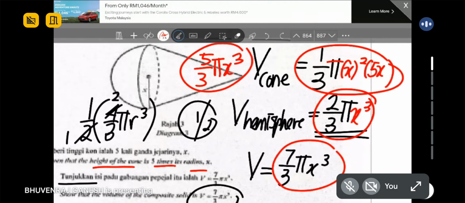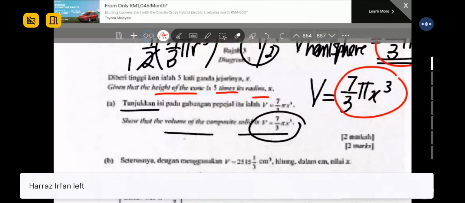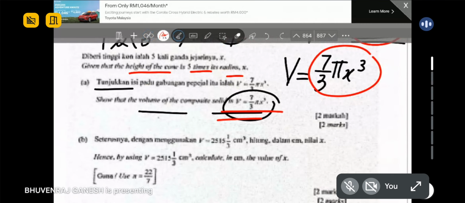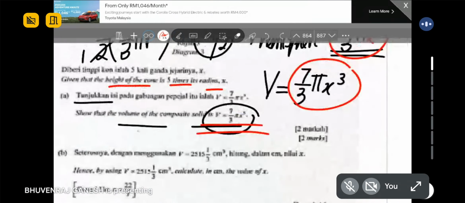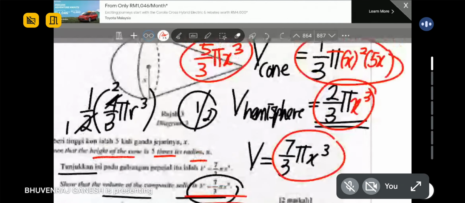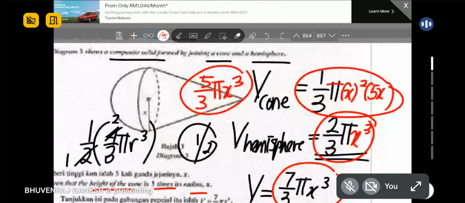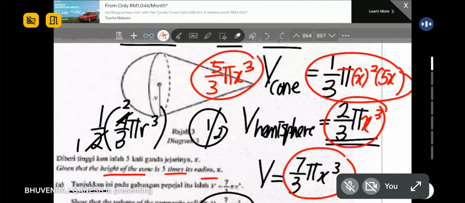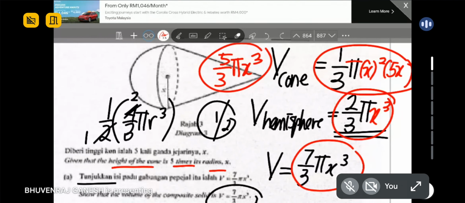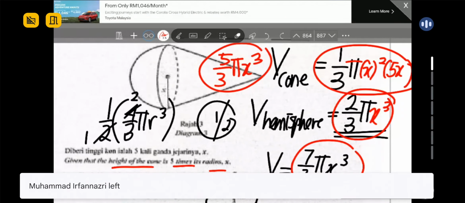Jawapan dia 7 over 3 pi x cube. Am I right? So kamu dah buktikan. You guys already shown the formula. Understand guys? Dapat konsep dia? Macam mana buktikan? Can you see? So it's volume of cone plus volume of hemisphere. Isi padu cone tambah dengan isi padu hemisfera.